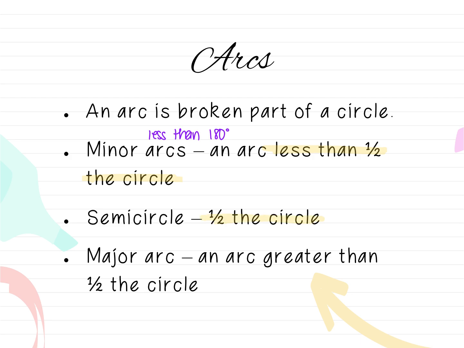If a circle is 360, half of it is 180. So this is exactly 180 degrees. And the last one, a major arc, is greater than half the circle, so it is greater than 180.